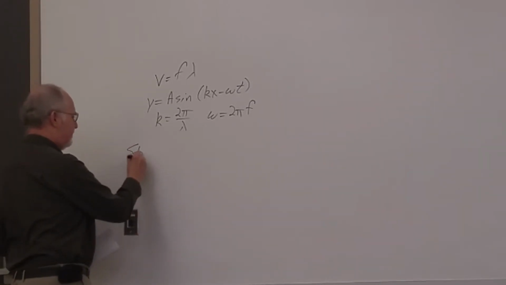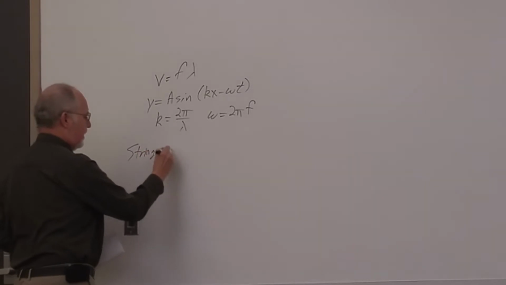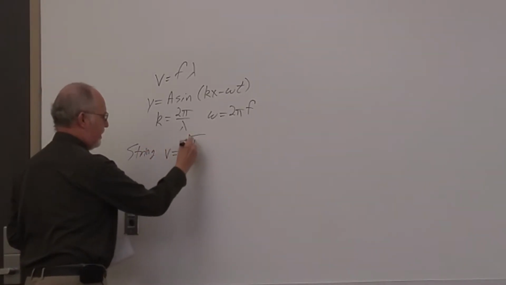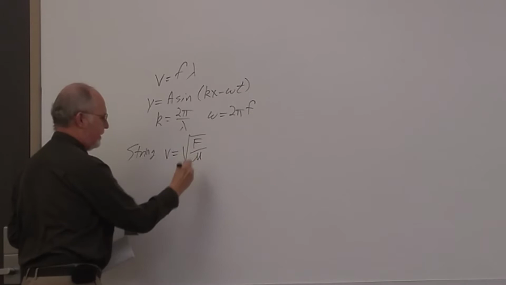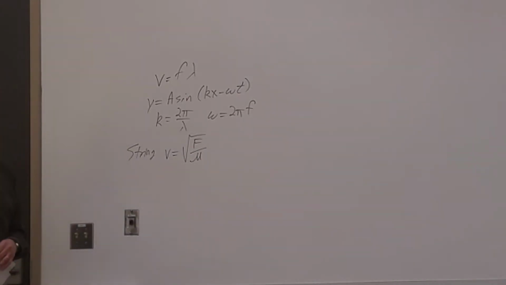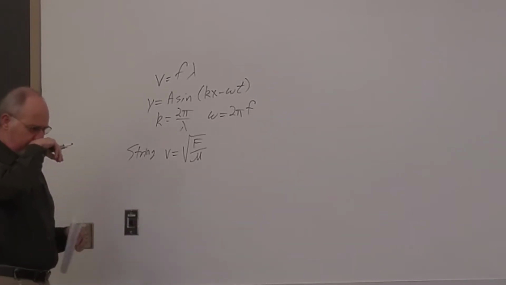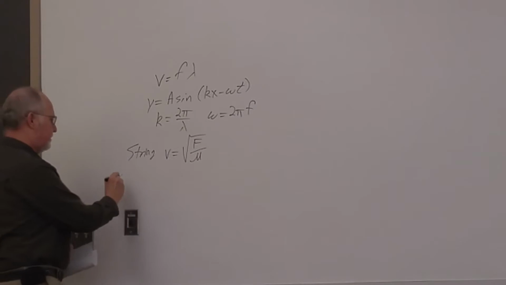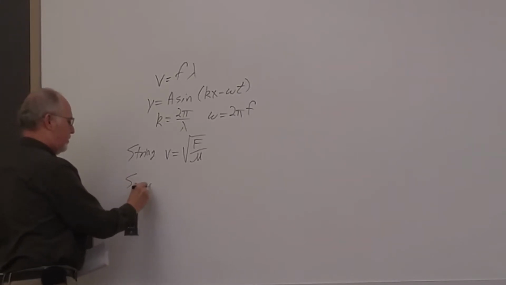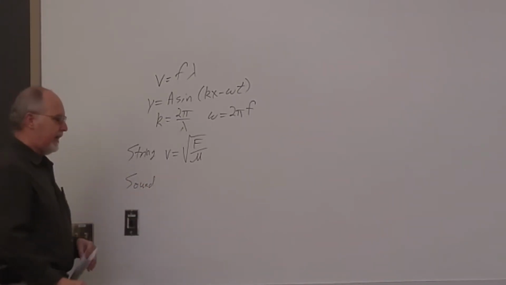For the string, the speed of the wave on the string was the square root of the tension divided by the mass per unit length of the string. We had that. If it was a sound wave, that was the other wave speed equation we had.